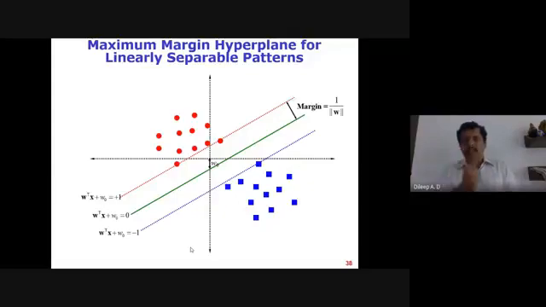In the case of the perceptron, during training, the examples on the right side of the separating hyperplane are sufficient. But in this particular case, we are trying to put the separating hyperplane such that all my training examples are on the correct side of their respective margins. Okay, this is the important thing.